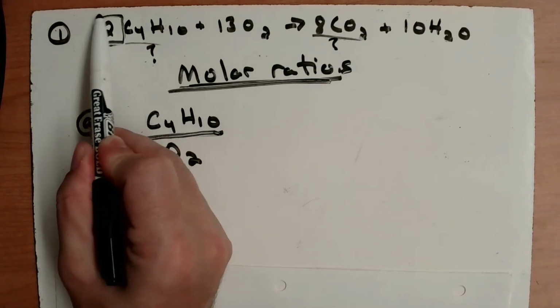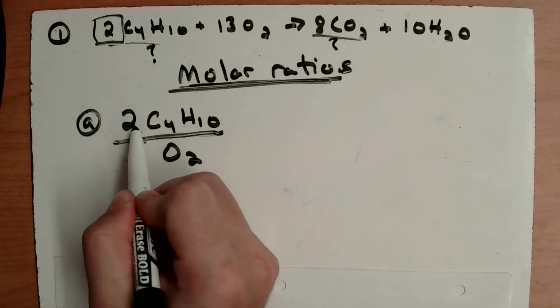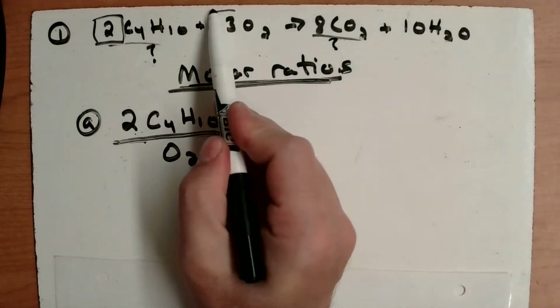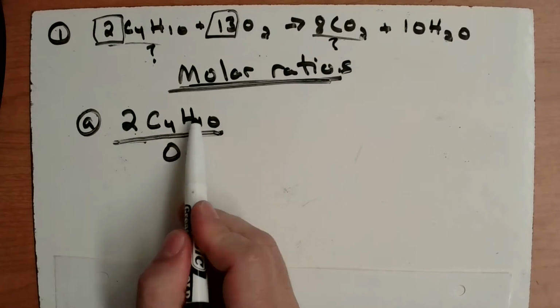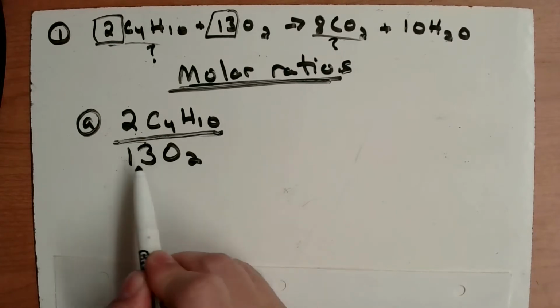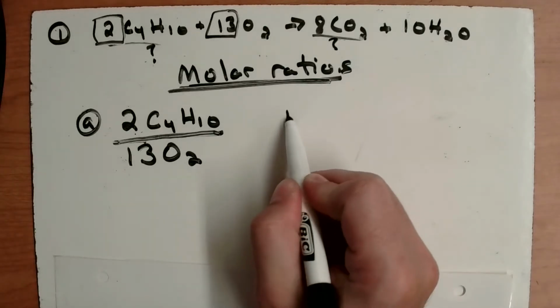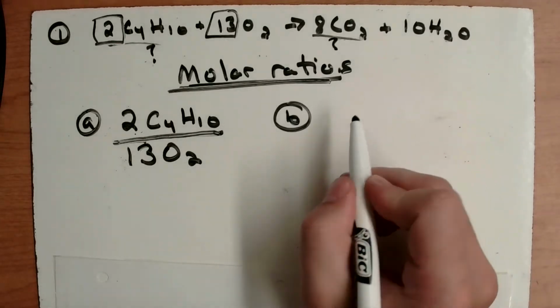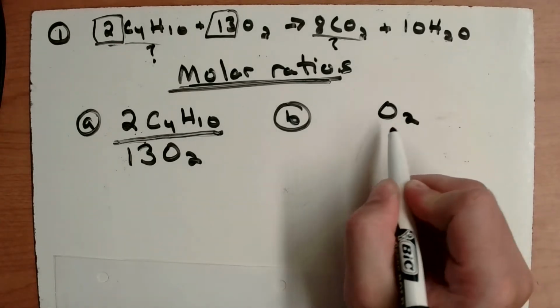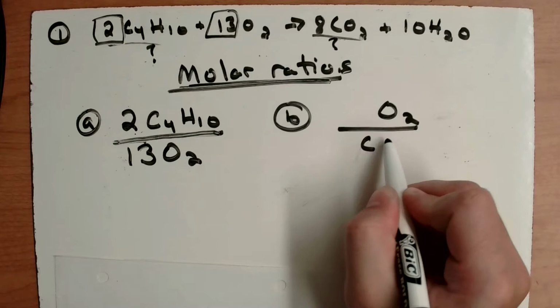So here there's a 2 in front of C4H10, and for O2 there's a 13. So the molar ratio of C4H10 to O2 is 2 C4H10 for every 13 O2. Sorry, not 3, 13 O2. Oh my goodness.